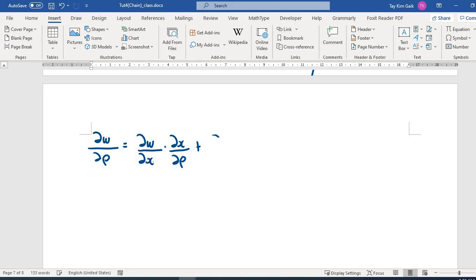Plus w can differentiate with respect to y, so del w del y, multiply del y del rho. Okay, w can differentiate with respect to z, so del w del z, and then z can differentiate with respect to rho. If you want del w del phi, only the rho here you change to phi.